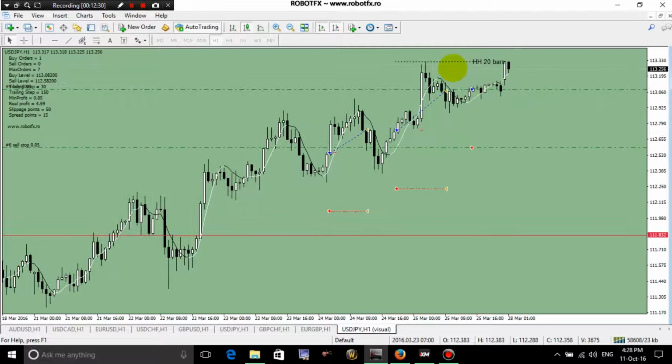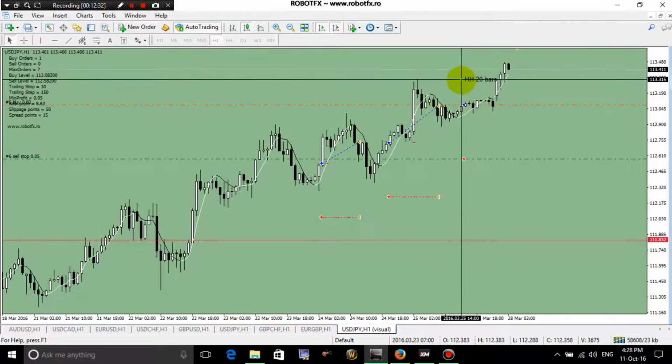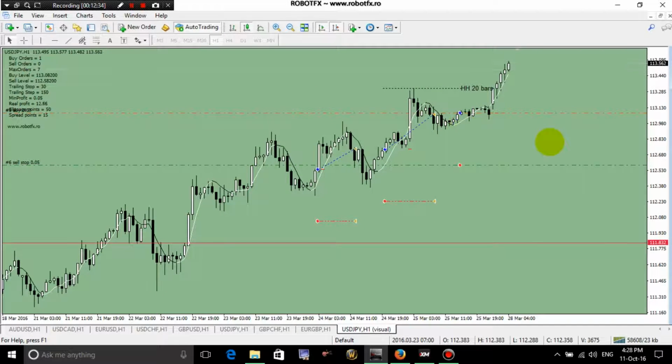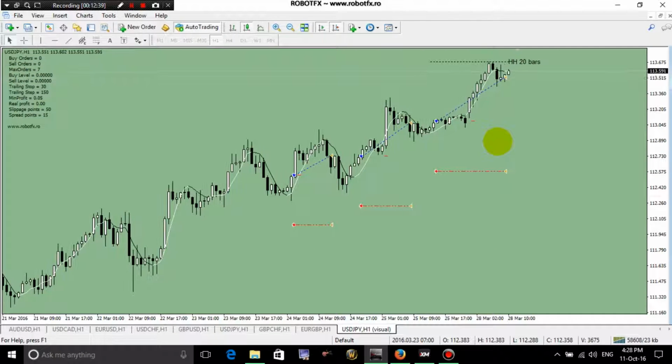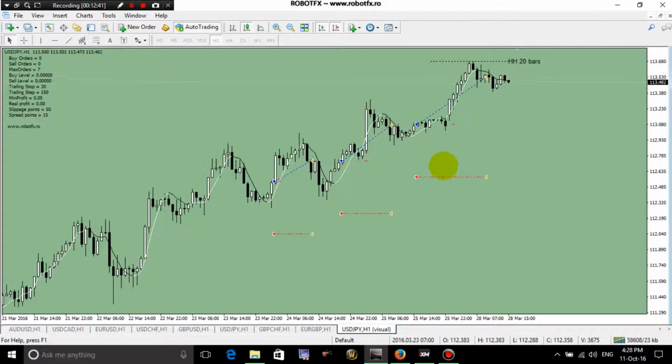And another one. Same. More than 20 pips lower. That was a valid trade. And that was a better trade.